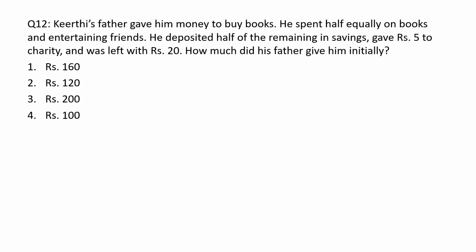Not clear? Read the question again. Kirti's father gave him money to buy books. He spent half equally on books and entertaining friends. He deposited half of the remaining in savings. And at the end they are asking how much his father gave him initially.